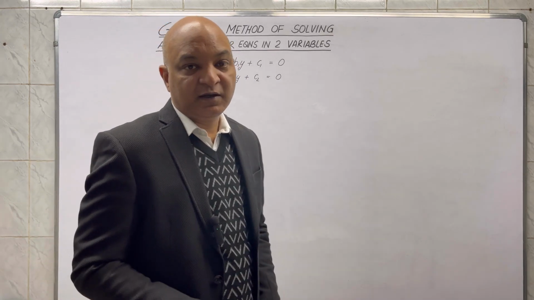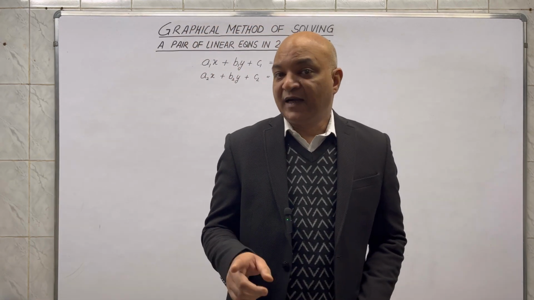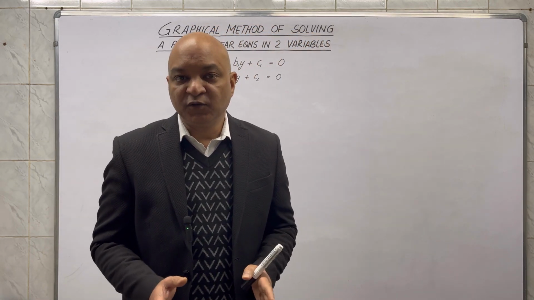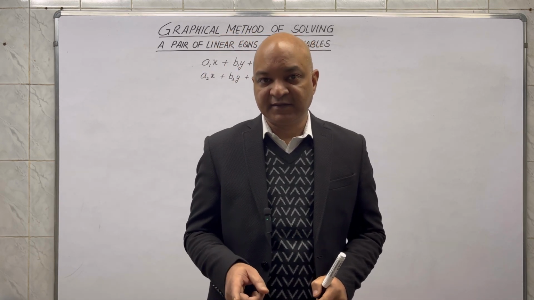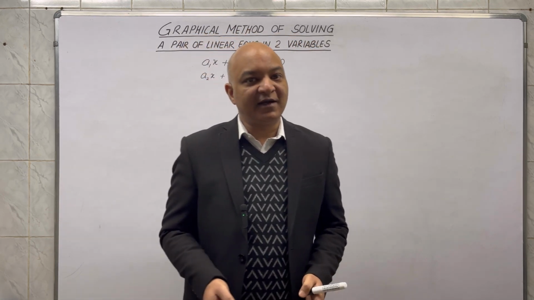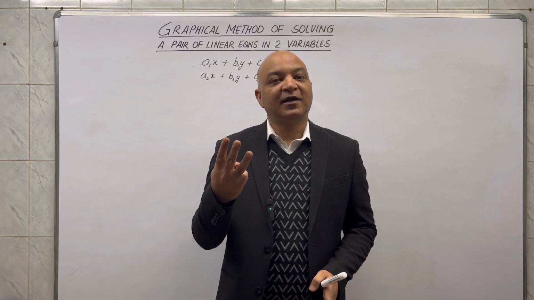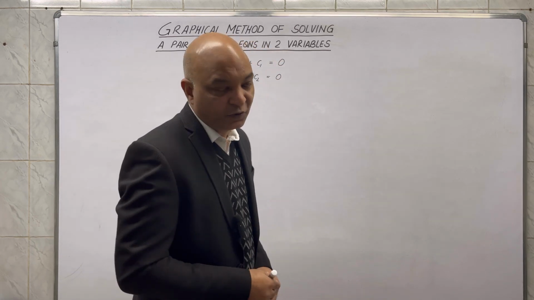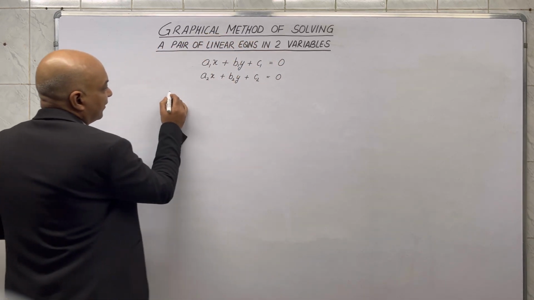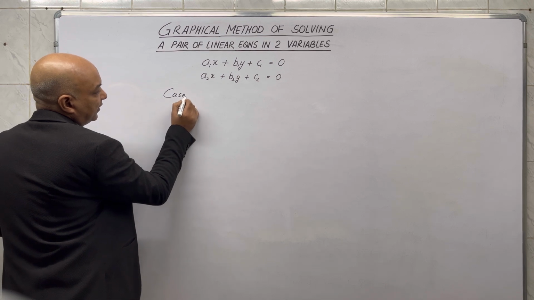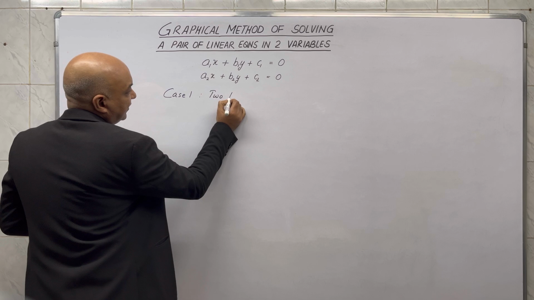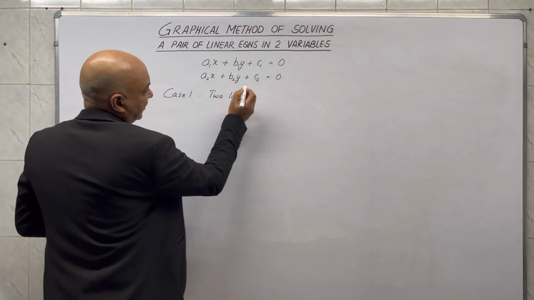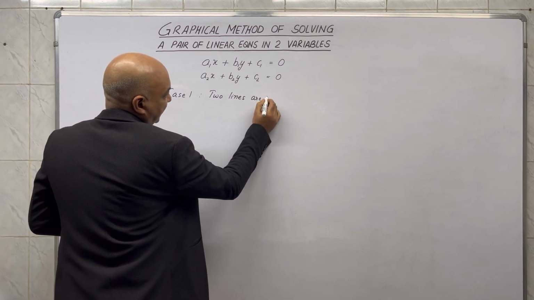Now in this method, we plot the straight line graphs of the two given equations on the same coordinate axis, and we may get three possible cases. Let us explore those cases. Case 1 can be that the two lines are intersecting at a point.